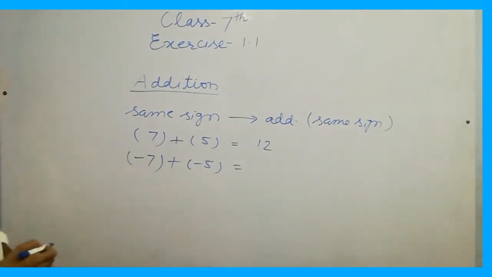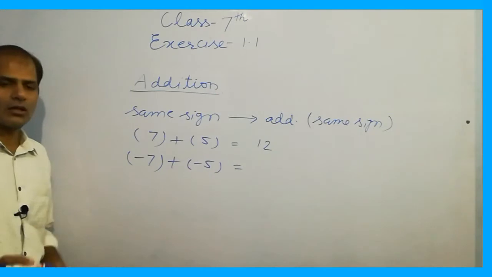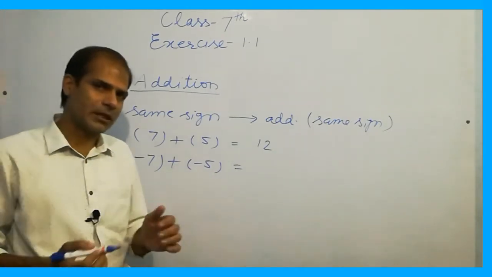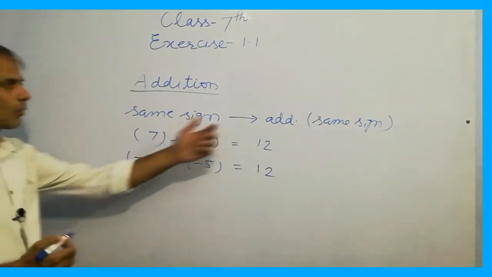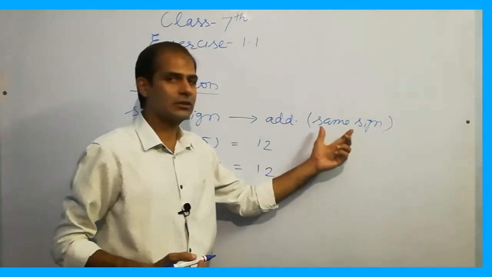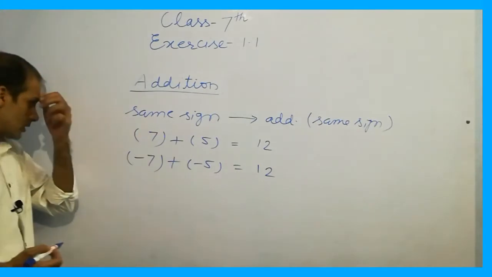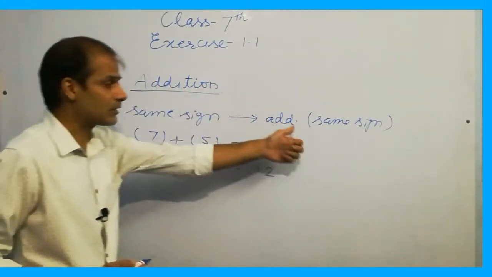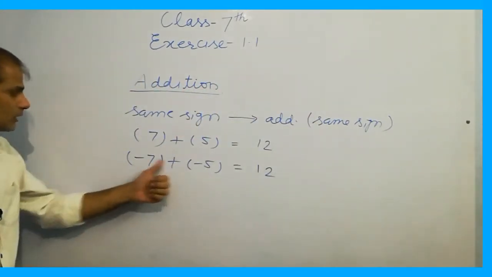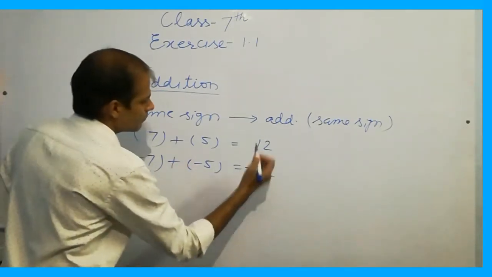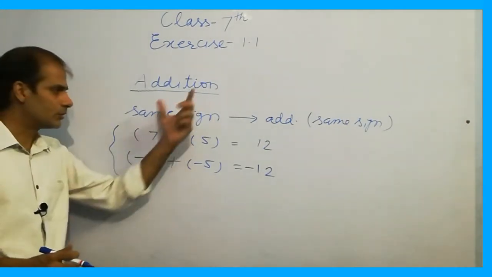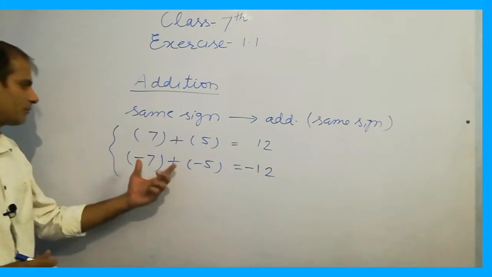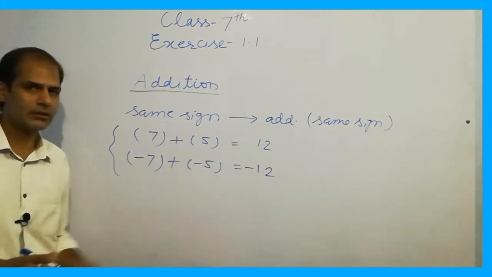Here we will perform addition, not subtraction. 7 plus 5 is 12, then according to the rule we put the same sign, so both the numbers are negative and your answer will be negative. In both these cases, if the numbers are positive, the answer will be positive. If the numbers are negative, the answer will be negative.